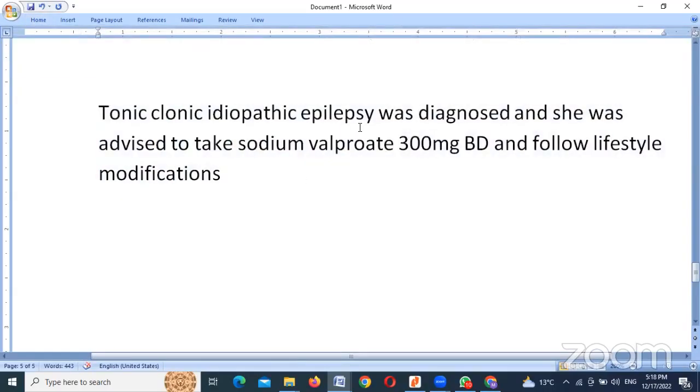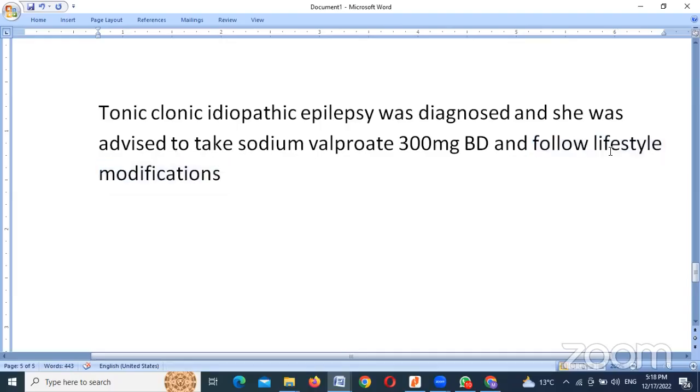Tonic-clonic idiopathic epilepsy was diagnosed and she was advised to take sodium valproate, or she was prescribed, no. Okay, she was prescribed sodium valproate. Even we can write prescribed. She was prescribed because there will be fewer words. Okay, she was prescribed sodium valproate 300 milligram BD and advised to follow. That is why I have used advised to, because I could not write a separate verb here. So I am using advised to for both of them.